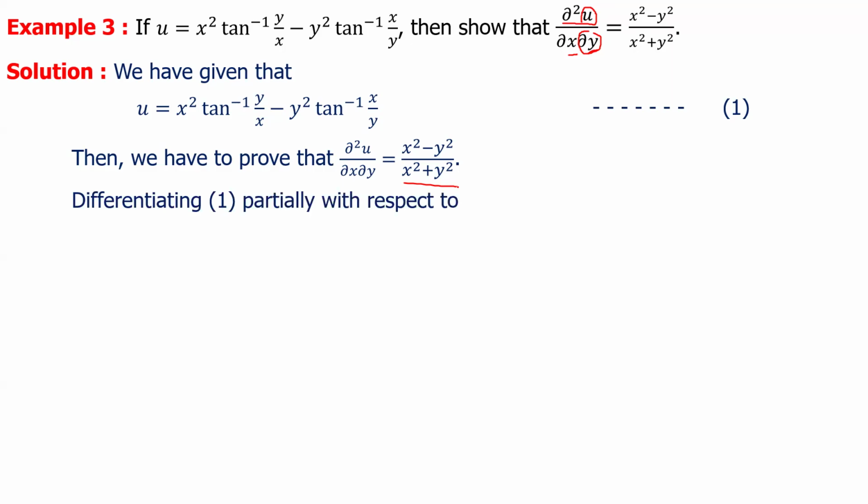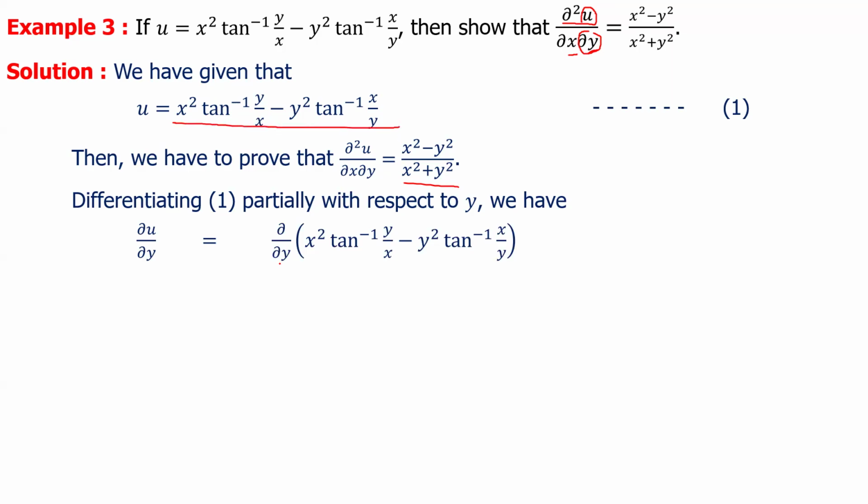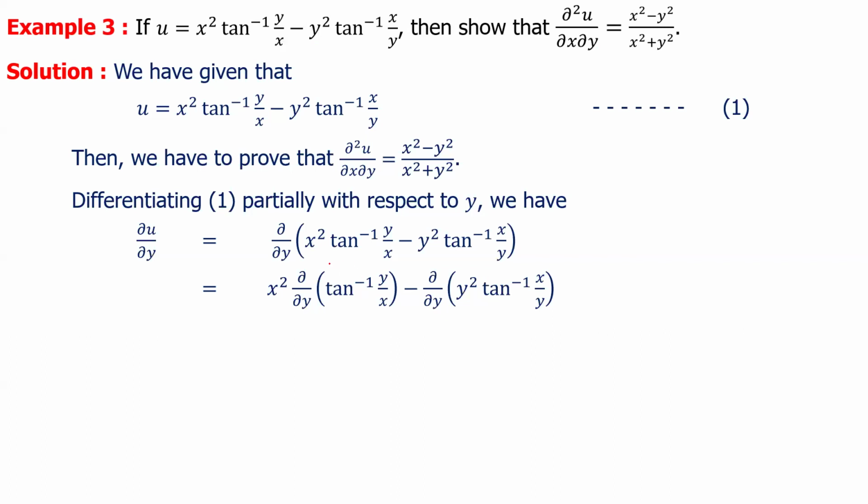Differentiating one partially with respect to y first, we have del u by del y is equal to the partial derivative of this with respect to y. Now, to find the derivative of x square into tan inverse of y by x with respect to y, x square is constant, so we can take it outside.